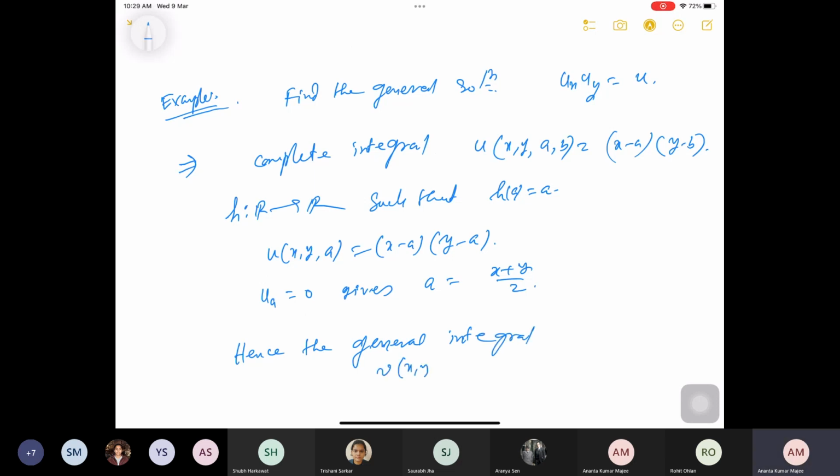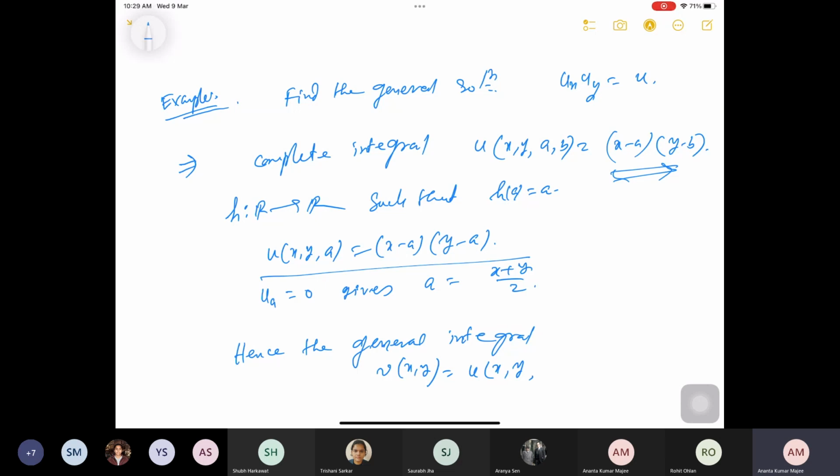I define v(x, y), which should be u(x, y, a), with a equal to (x + y)/2.